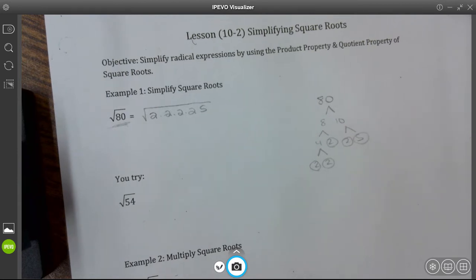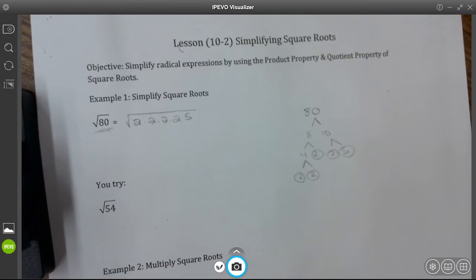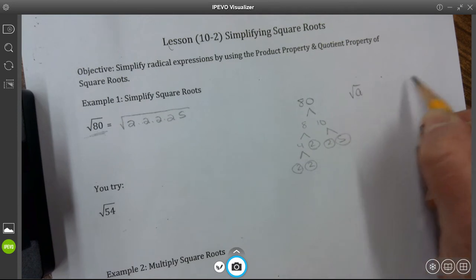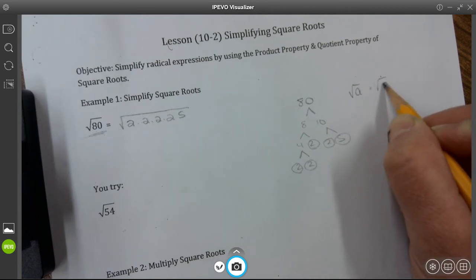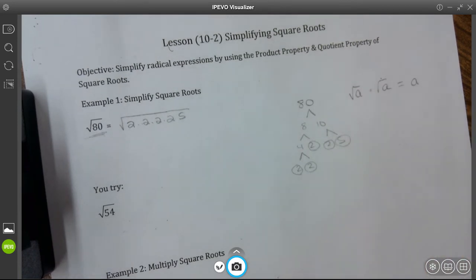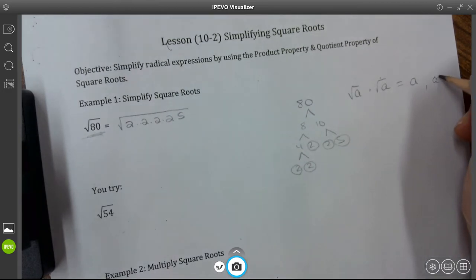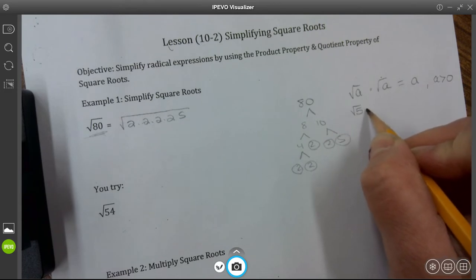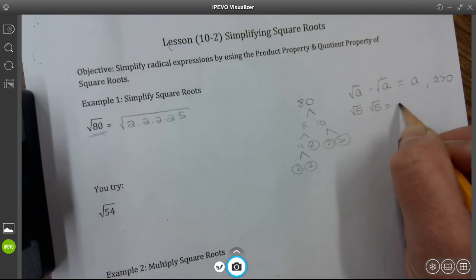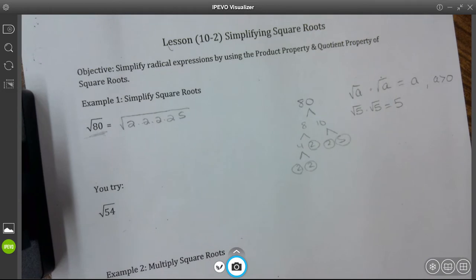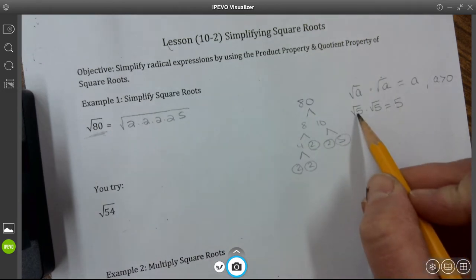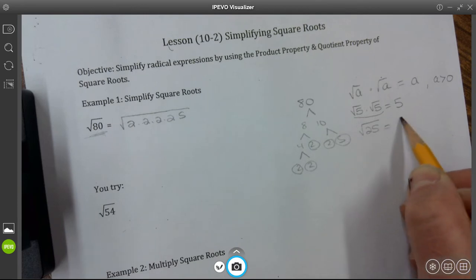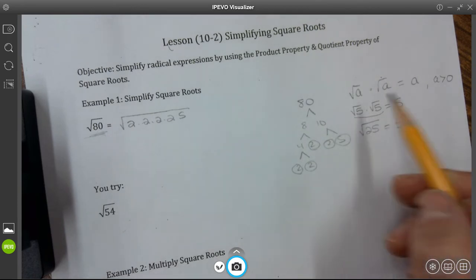Well, there is a rule in math where if you have the square root of a number and a square root of that same number, it just equals the number underneath the radical, as long as that number is greater than 0. So for instance, if I have the square root of 5 and I multiply it by the square root of 5, my answer is simply 5. This is the same thing as saying the square root of 25, that'd be 5. We're just breaking it apart.